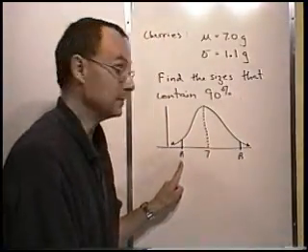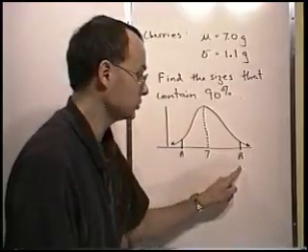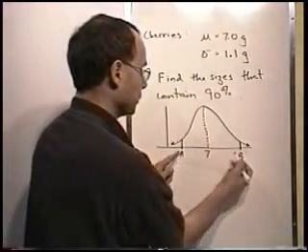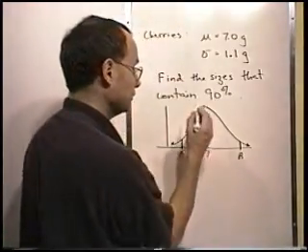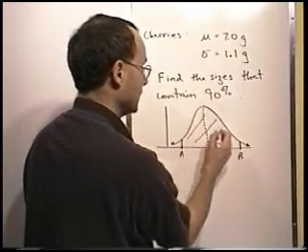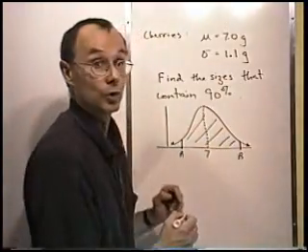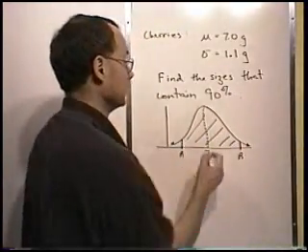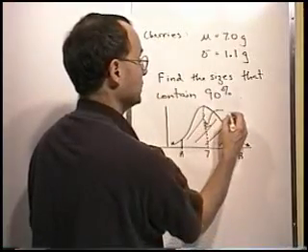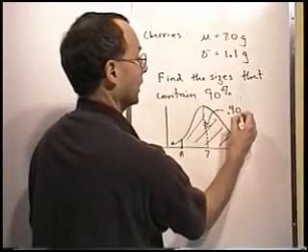One smaller than the mean, smaller than 7, one larger than 7. And we want to figure out what these numbers are such that this area here corresponds to 90%. So in other words, this whole zone here has to be 0.90.